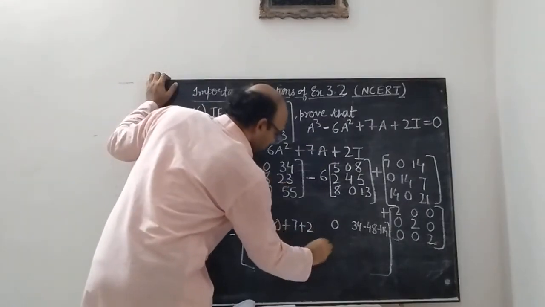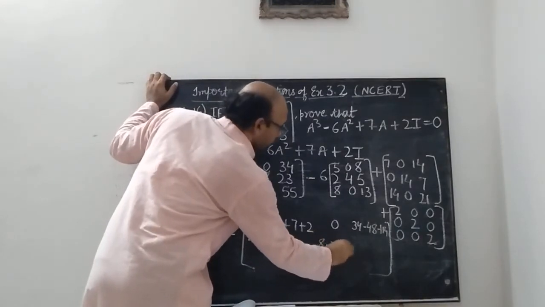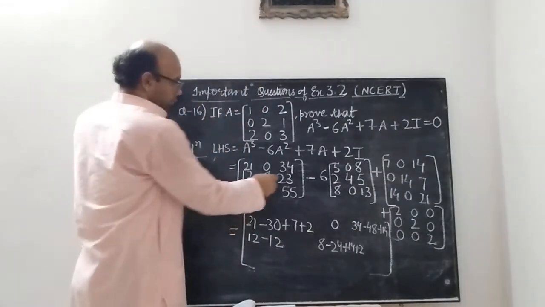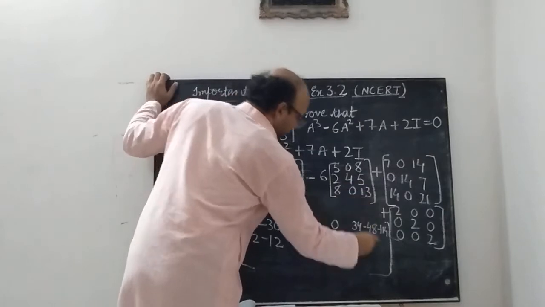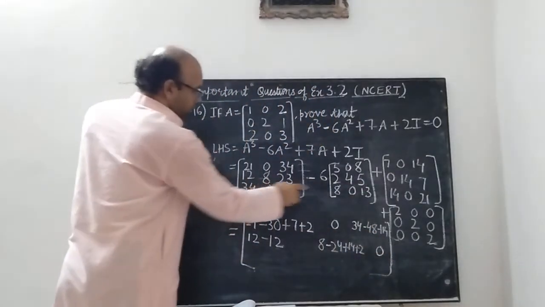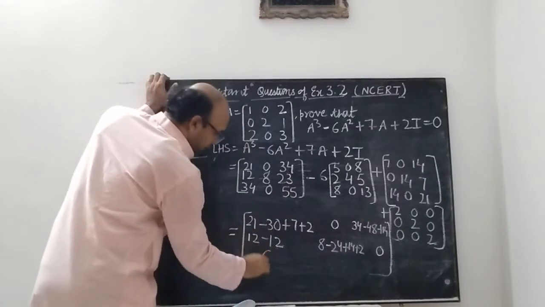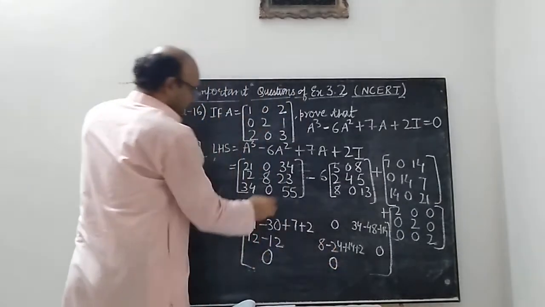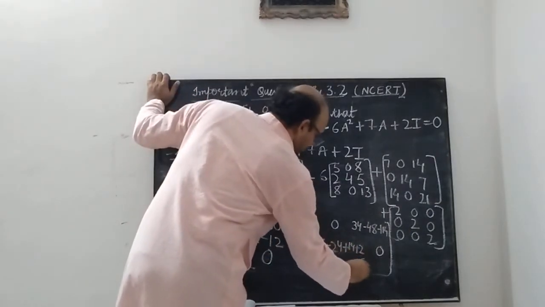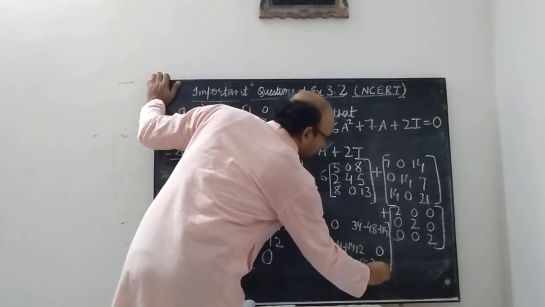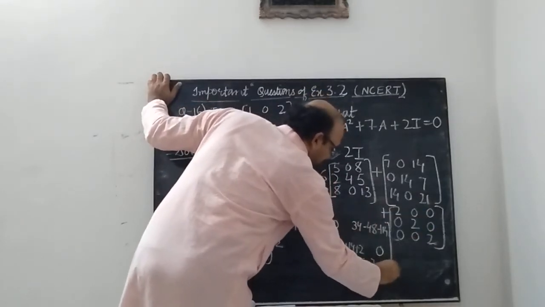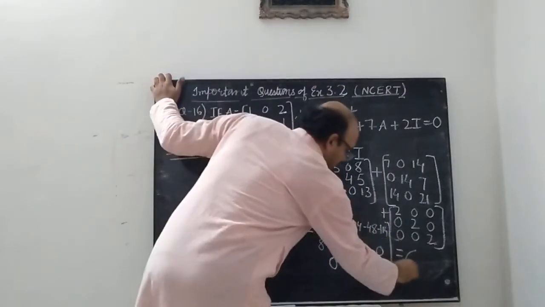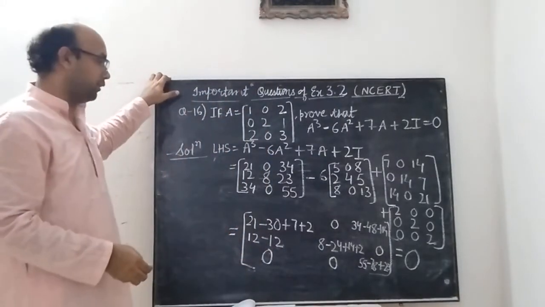You have 8, 24 plus 14 plus 2, and then 23 plus 7, 30 minus 30 is 0. 34 minus 48 plus 14 is 0. 0, 0, 0 and 0. Last is 55 minus 78 plus 21 plus 2 is 23. On solving the whole thing, all the elements will come out to be 0 and the result will come out to be a 0 matrix.